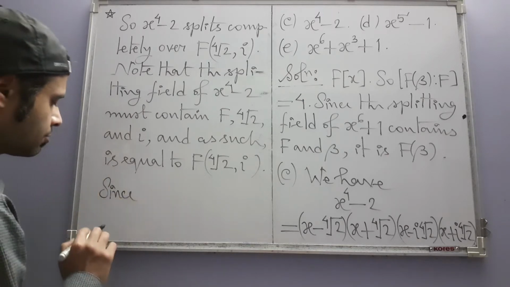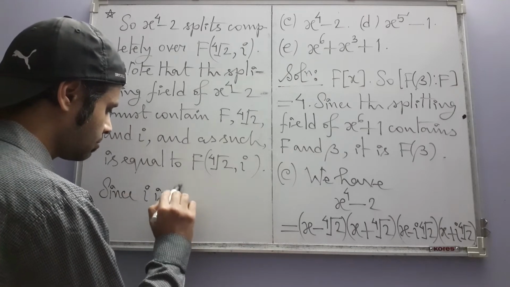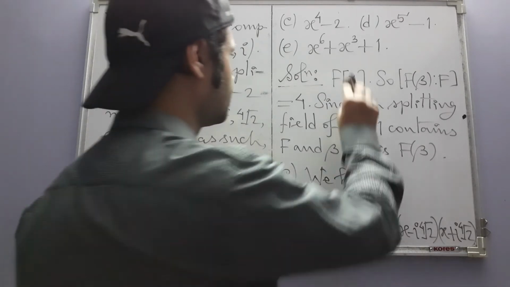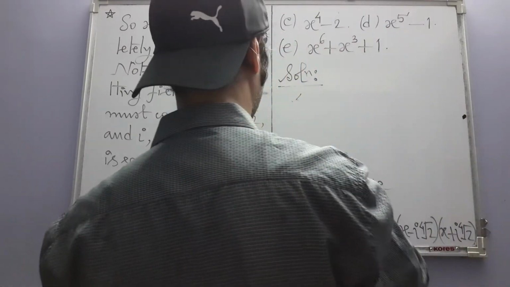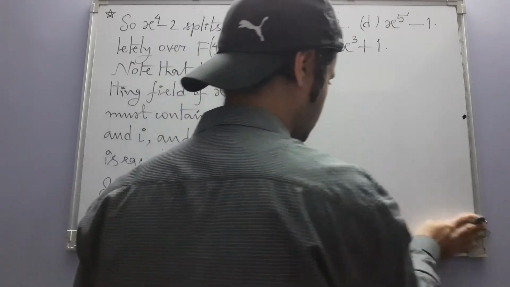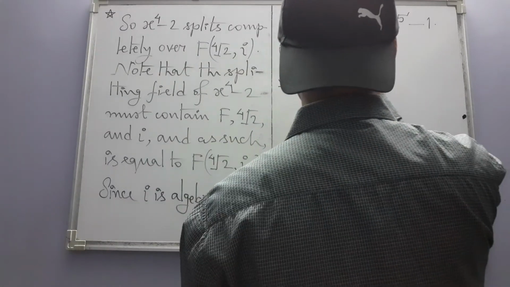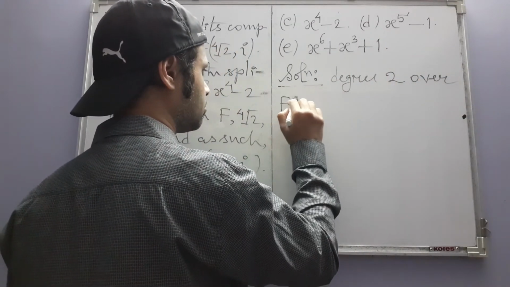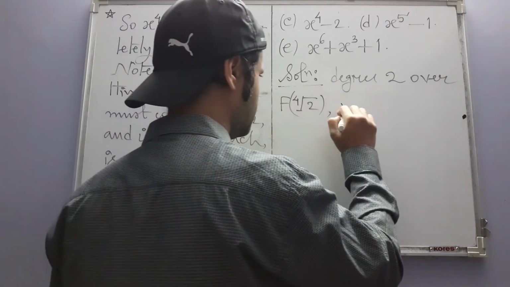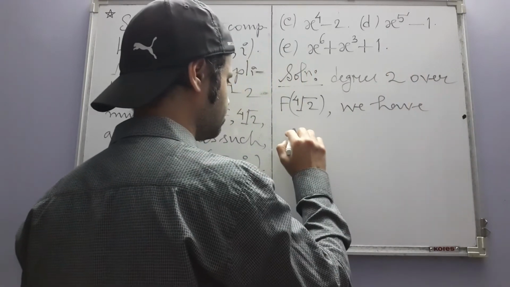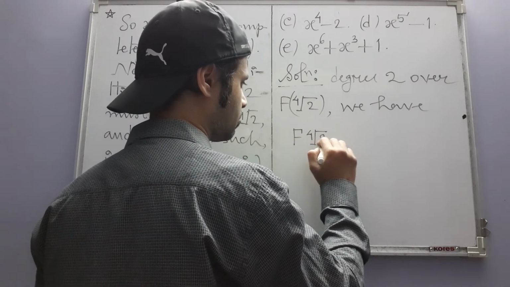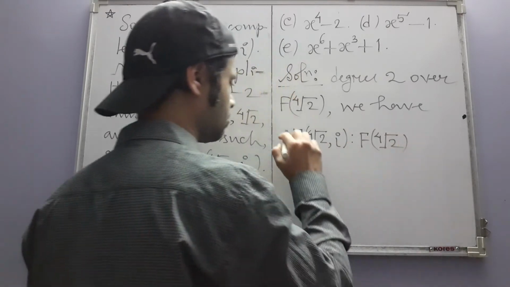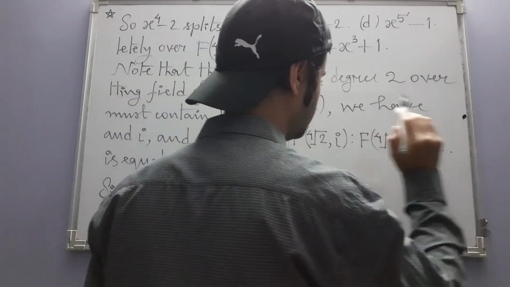And in that direction, we first note this: since i is algebraic of degree 2 over this field, we have this degree equal to 2.